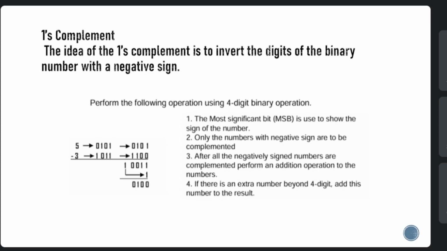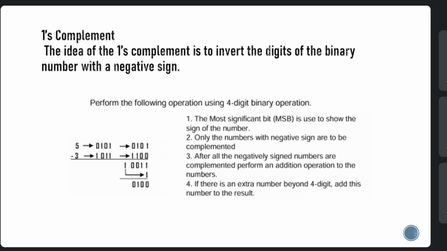When it is sign magnitude, there is no negative; it is like unsigned. For example, 5 is 0101. Perform the following operation using four-digit binary.